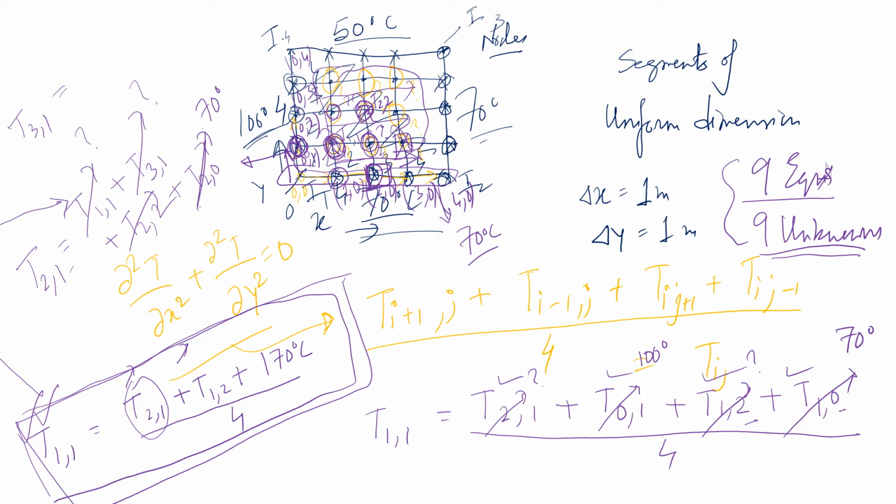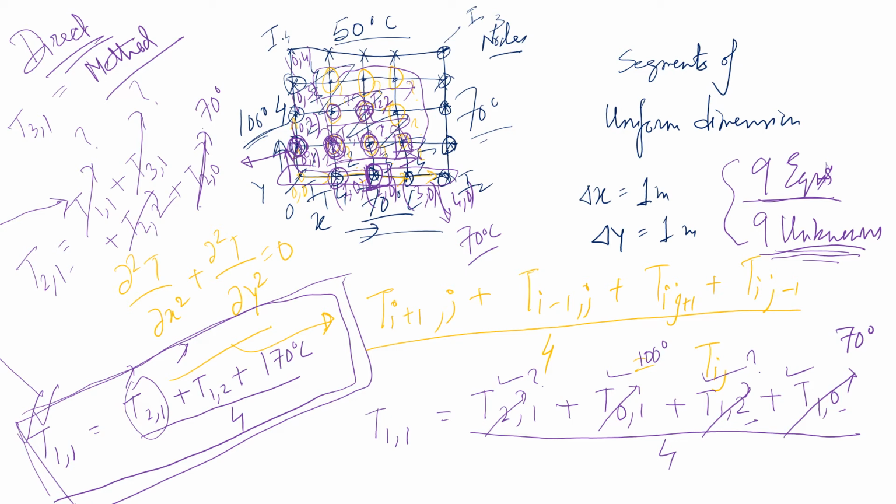Here, as you can see, there will be 9 equations when you try to find out the temperature at each of the internal nodes with 9 unknowns, right? So you have to solve all those 9 equations to find the value of the 9 unknowns. So this method is known as the direct method.